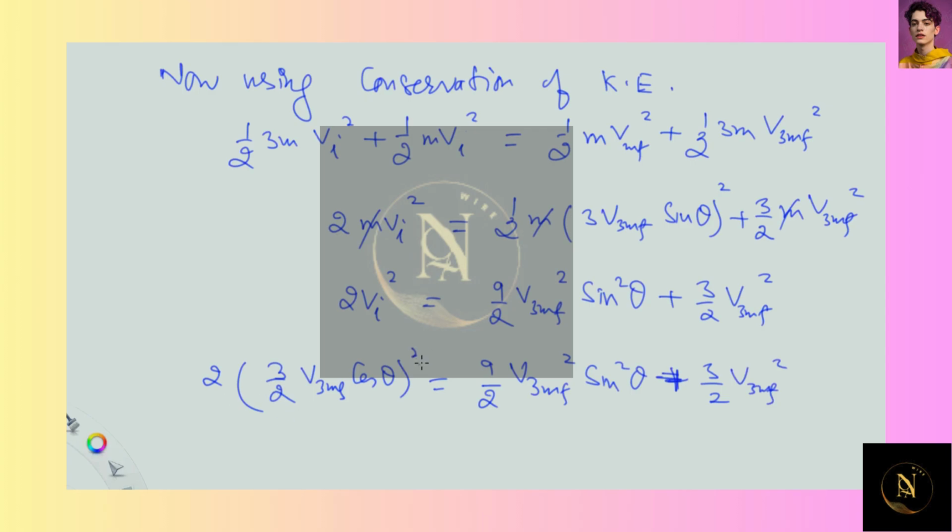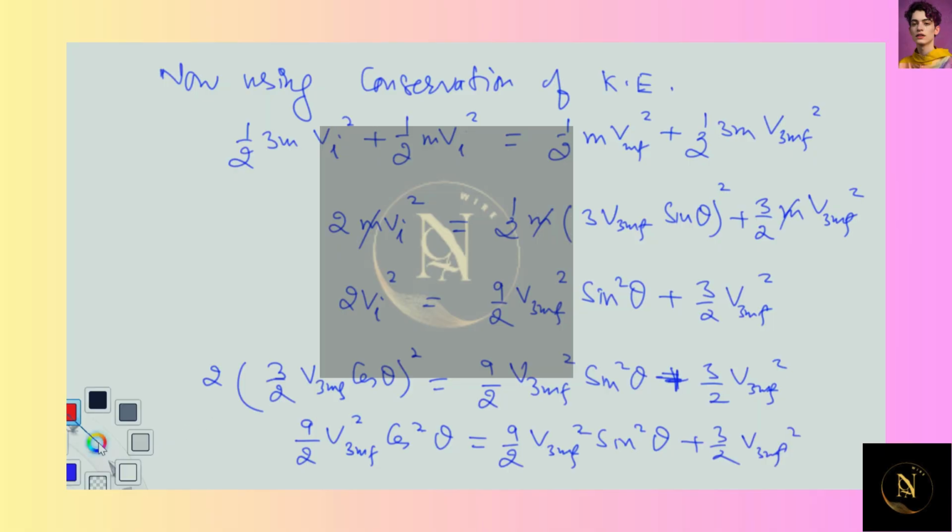So finally it comes out to be 9 by 2 v3mf square cos square theta is equal to 9 by 2 v3mf square sine square theta plus 3 by 2 v3mf square.